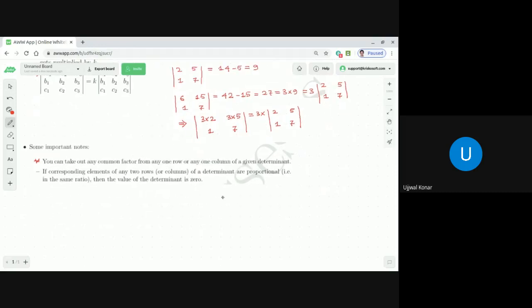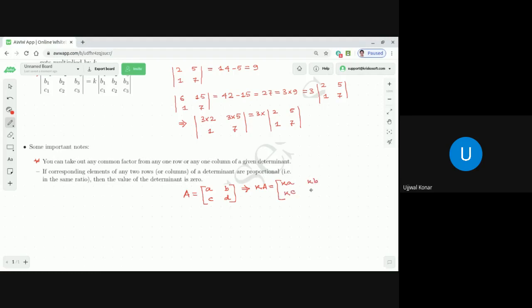Suppose we have a matrix A, and in the matrix A the elements are a, b, and c, d, for example. Now, what is the meaning of kA? As far as the matrix is concerned, dear students, each and every element is multiplied by k.